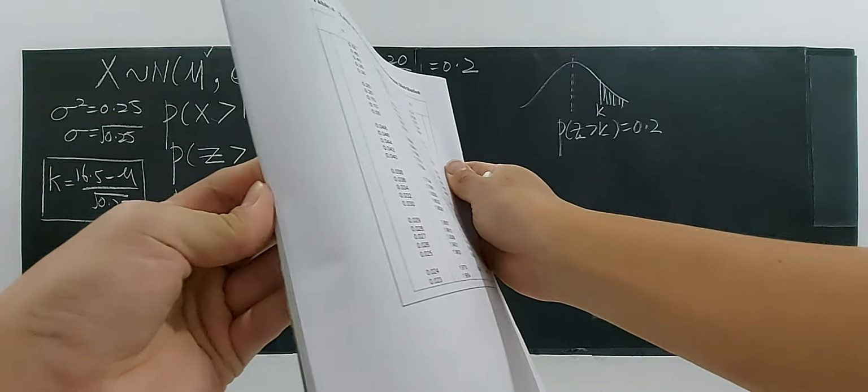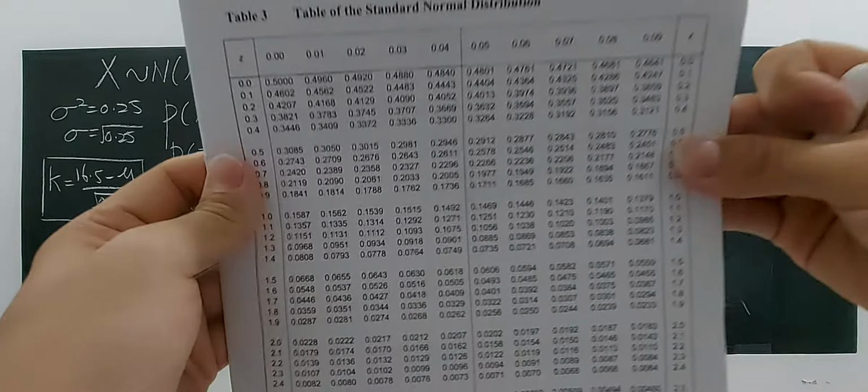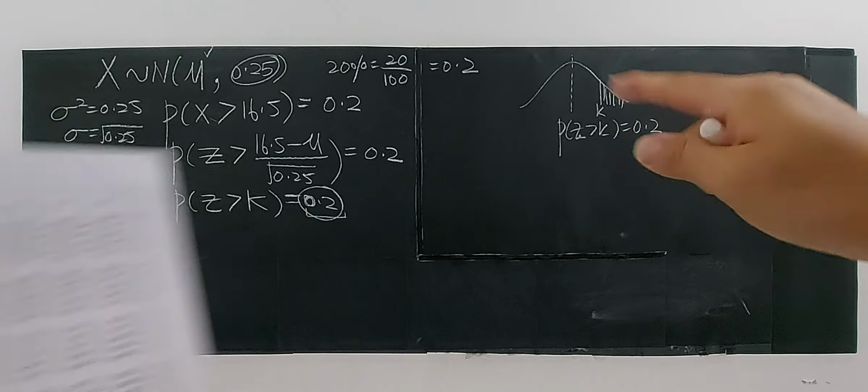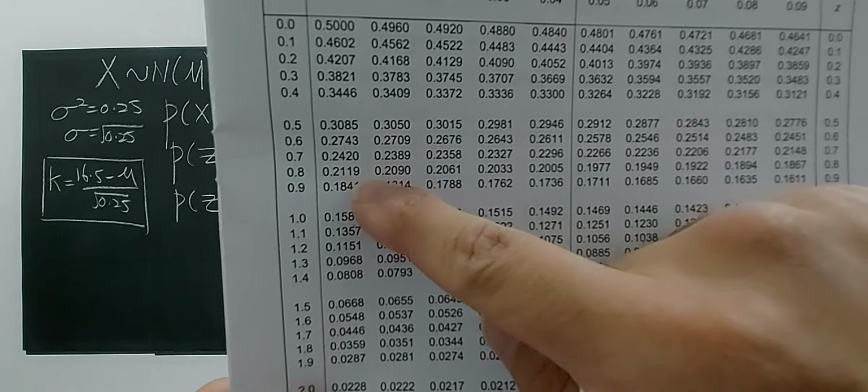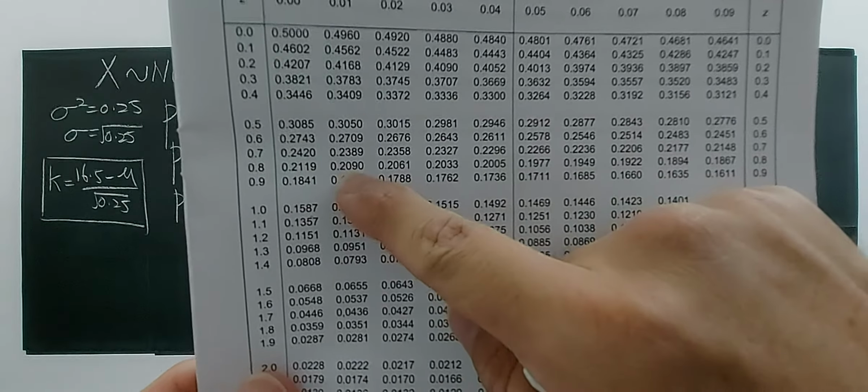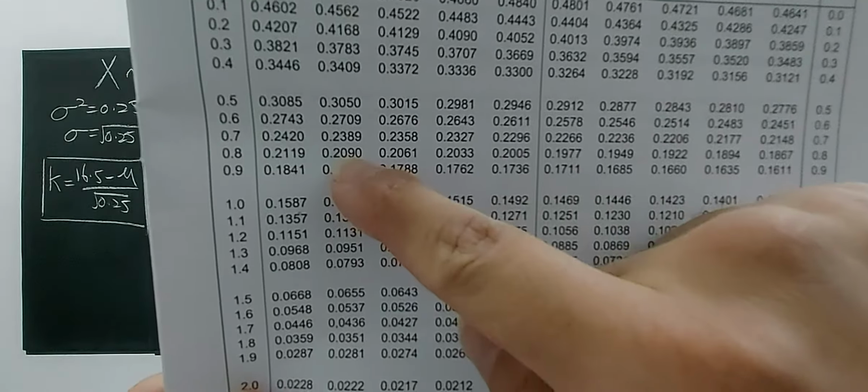If you're using Table 3, you have to search for the value 0.2. Going one by one, you have 0.209, 0.206, 0.203, 0.2005. It's approximately this, but not perfect.